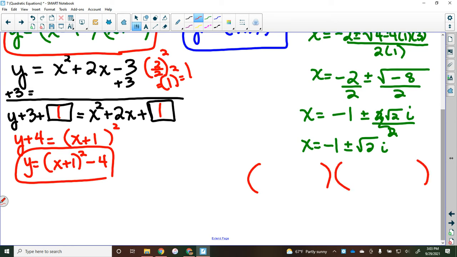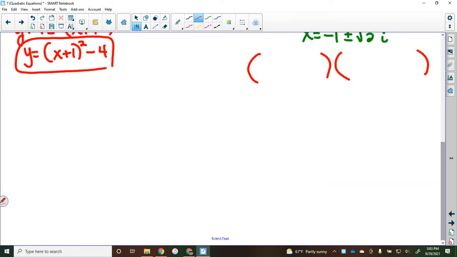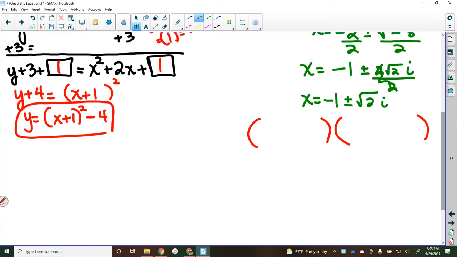Now, I want you to think about this for a second. The first thing is a -1, right? Pretend this wasn't here. So if your answer was -1, you would need x plus 1. You always need the opposite of the root, right? So you need an x plus 1 on both of these to start, because both of these answers start with this. And then one of them's going to have a plus square root of 2i, and the other one's going to have a minus square root of 2i.